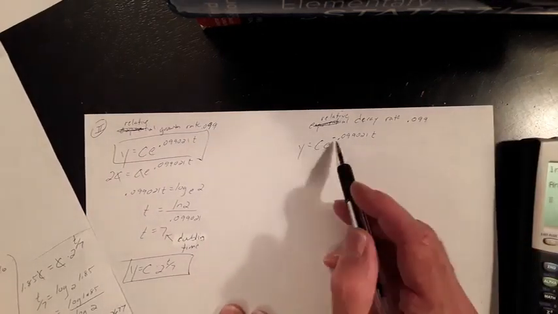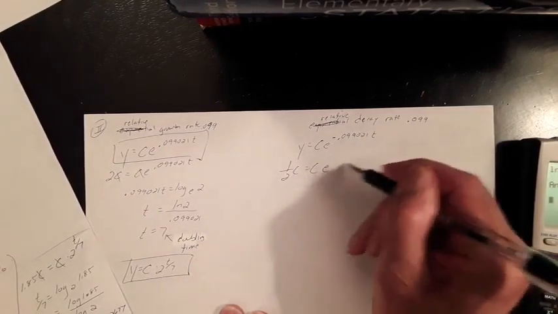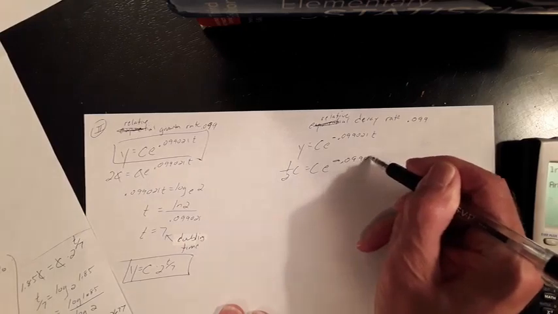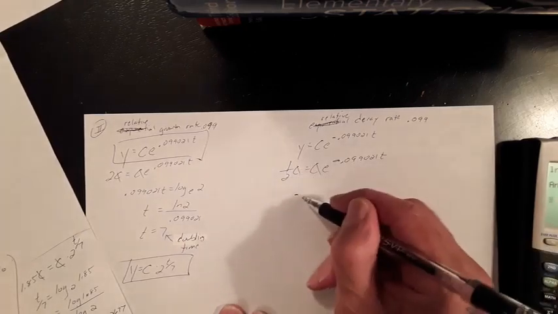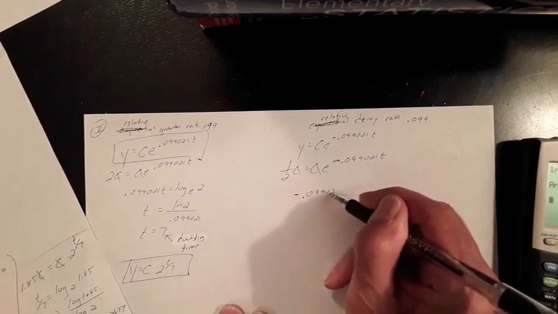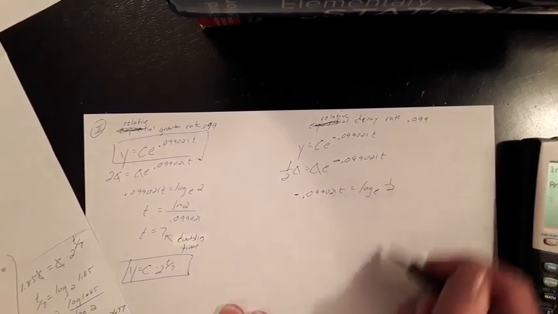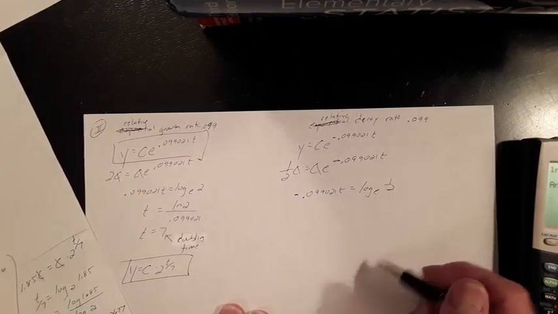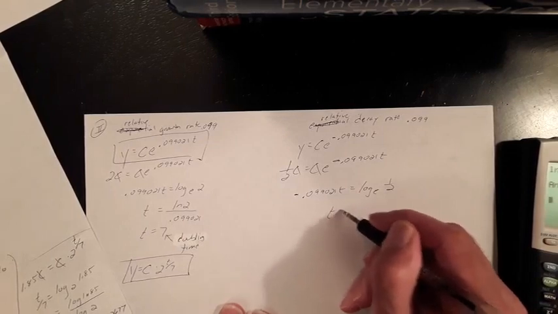Well, half, because this is decay, is when you have half as much as you started with. The c is going to cancel. You're going to write the exponent as a logarithm. And now you're going to divide by the negative 0.099.